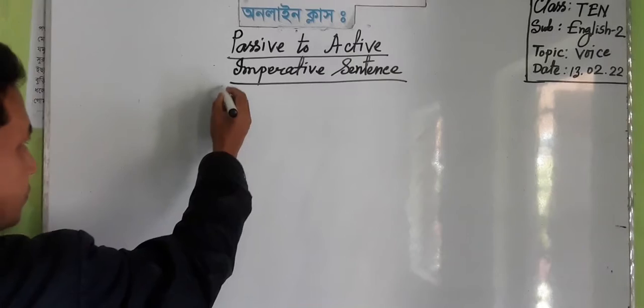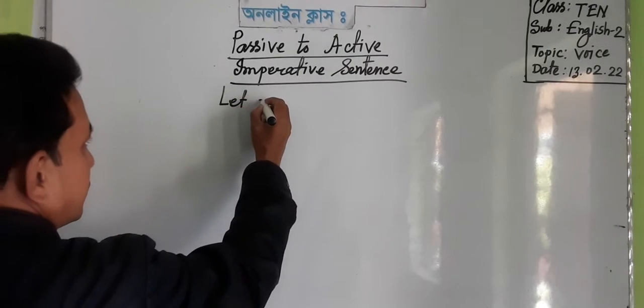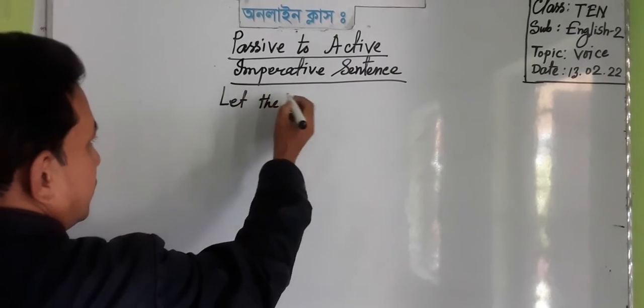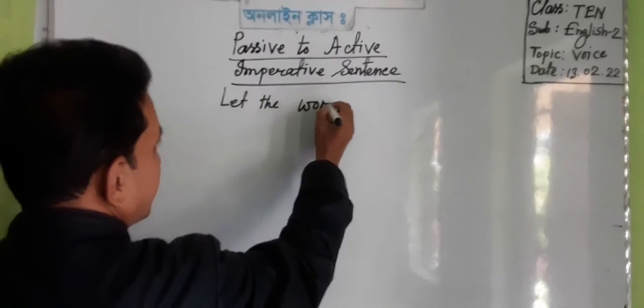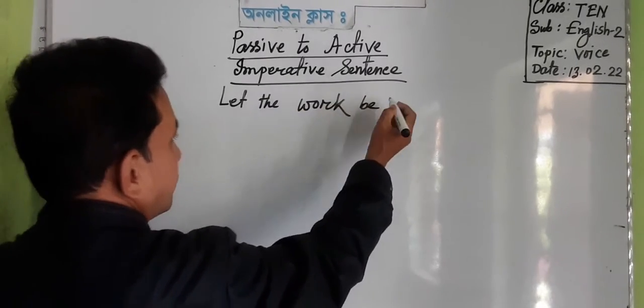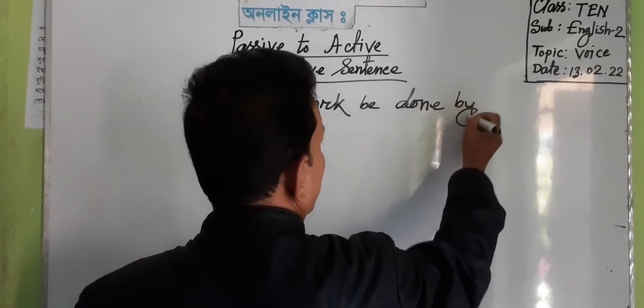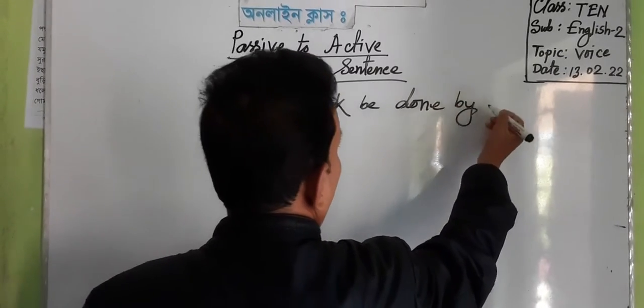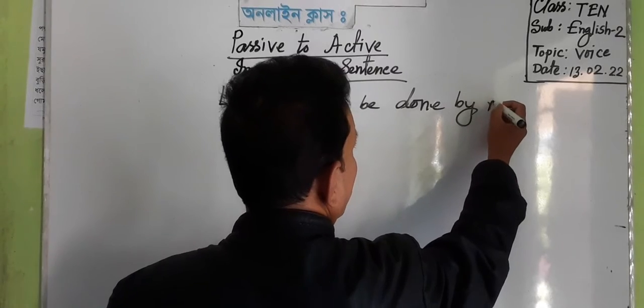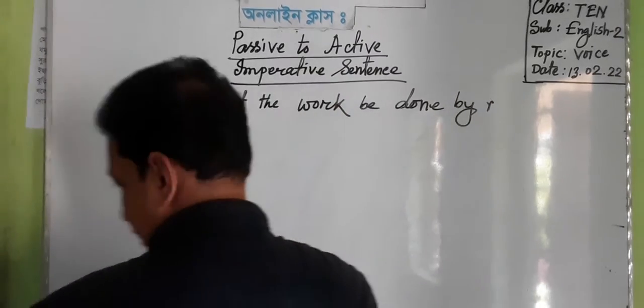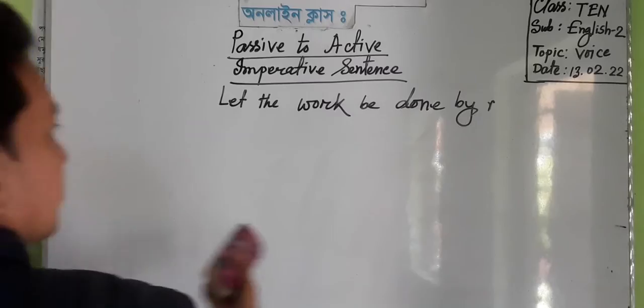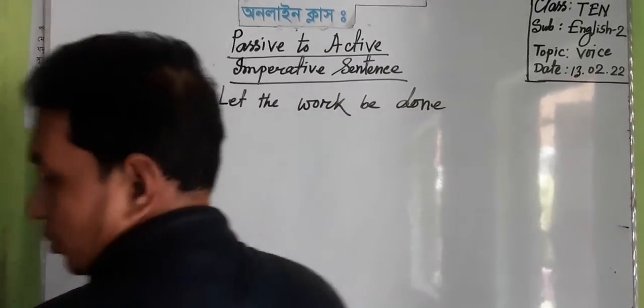Imperative sentence. First, let the work be done by. Let the work be done. This is one rule.